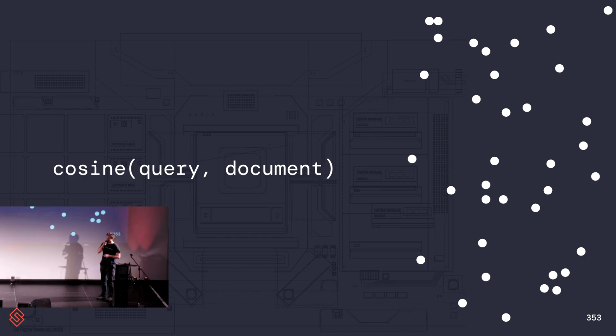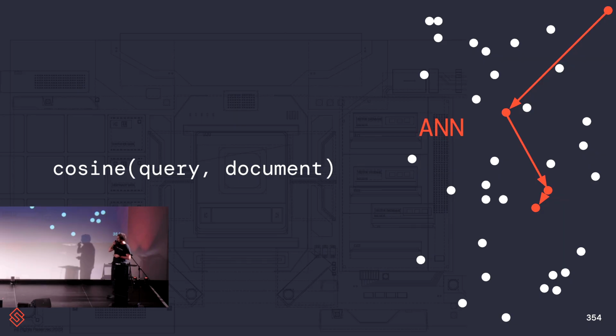So let's say these are the documents. And for example, in Qdrant, we have this data structure that allows us to only look at some of the dots, or some fraction of the data size, to figure out what is the right document for the query, right?